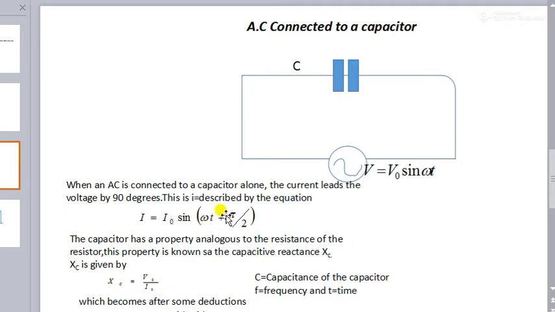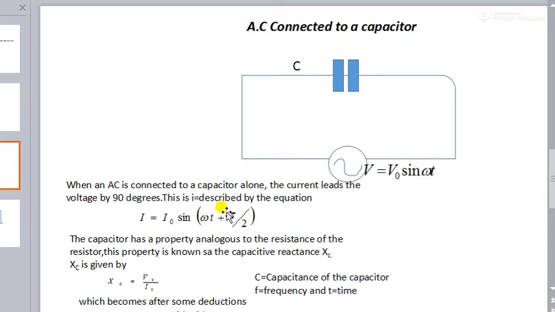Apart from ωt, we also have an additional angle, plus, take note of the sign, plus π/2, that means plus 90 degrees. That means when the voltage has traveled an angle of ωt, the current has traveled an angle of ωt plus π/2. That means the current has an extra angle of π/2 ahead of the what?